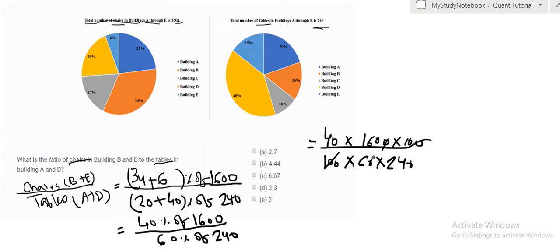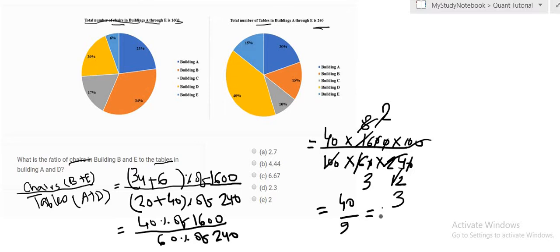So let us just do the calculation by hand very quickly. So we are left with 40 by 9, which approximates about 4.44. So here our right answer would be B.